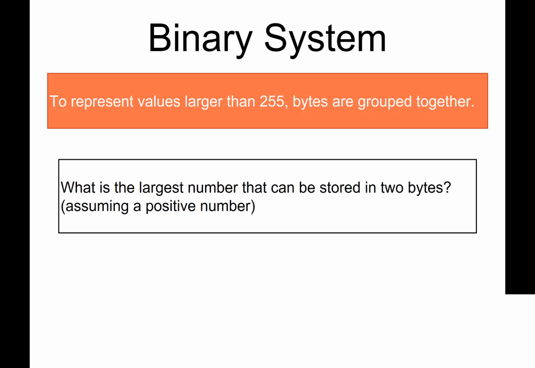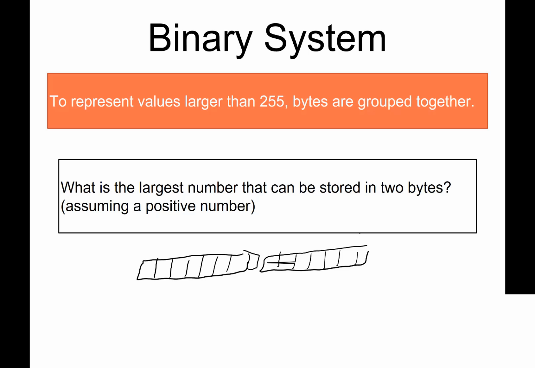What's the largest number we could store in that? So if we have 2 bytes, I'm going to draw the bytes. 1, 2, 3, 4, 5, 6, 7, 8, and then 1, 2, 3, 4, 5, 6, 7, 8. Sorry, that's kind of messy, but this is our binary number.